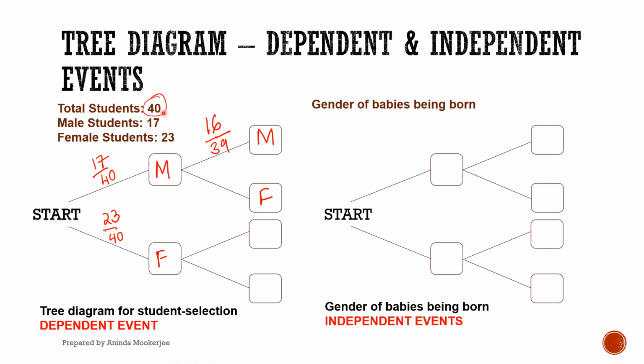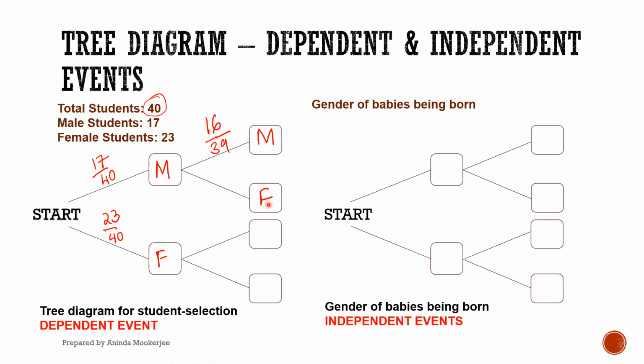Therefore, our total pool gets reduced by 1 to 39. And since we've already picked a male student in the first draw, the pool of male students will be one less, which is 16. All right, so the probability of picking a male student following a male student is 16 out of 39.